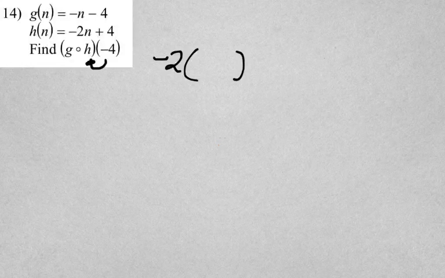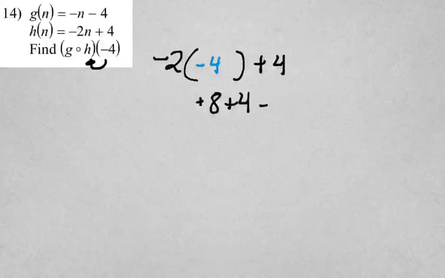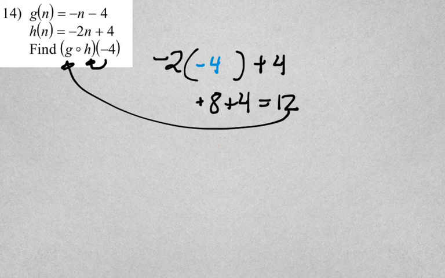So in this one, we take the negative 4 and we're plugging into the h. So the h function is negative 2 times my input plus 4. So my input was negative 4. Negative 2 times negative 4 is positive 8 plus 4, which gives me a 12. That 12 goes back into the g function.